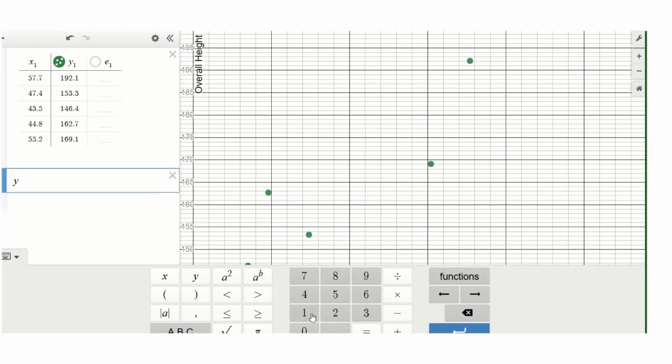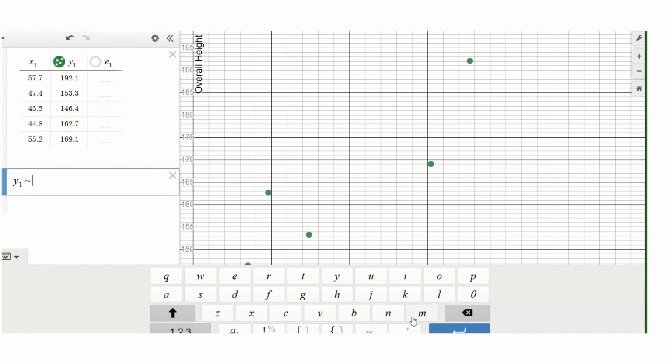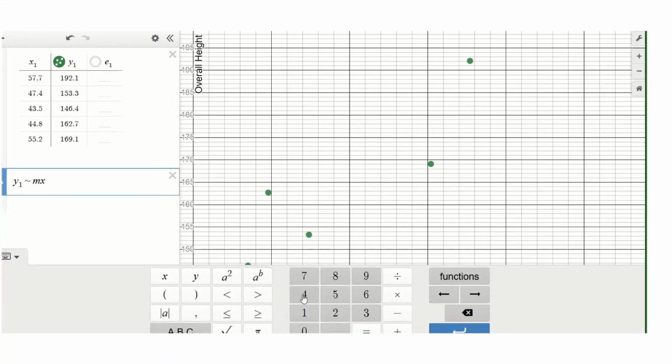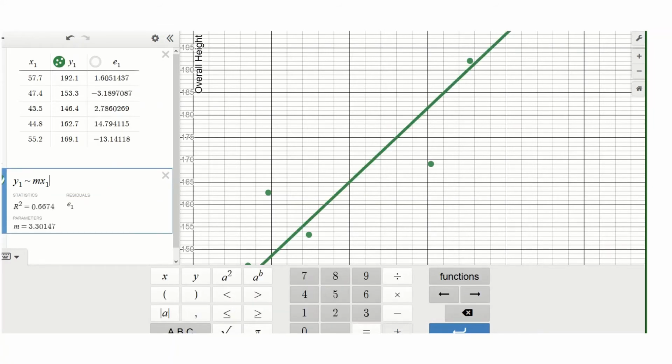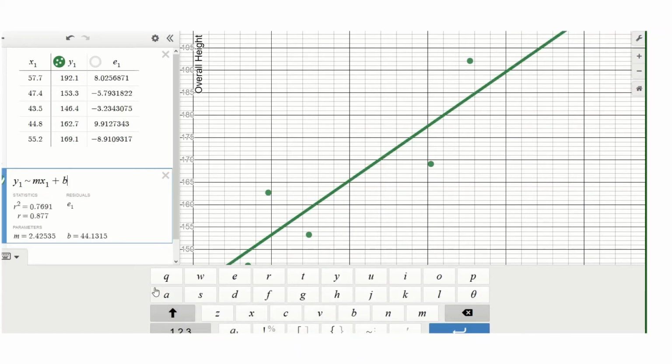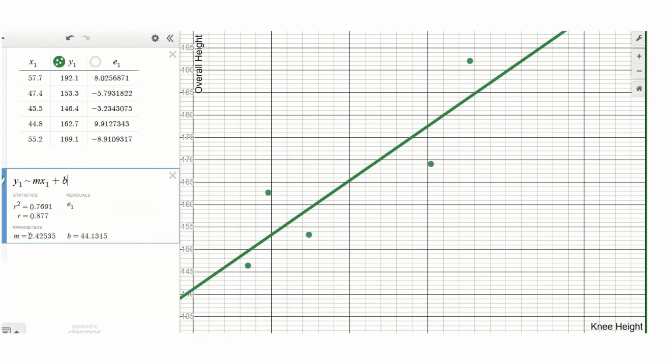So let us take y1, which is approximately equivalent, because the line will not pass through all the points, to m x1 plus b. And that is the regression line we see here on the screen for the scatter plot. The regression line is y equals 2.42535 x1 plus 44.1315.